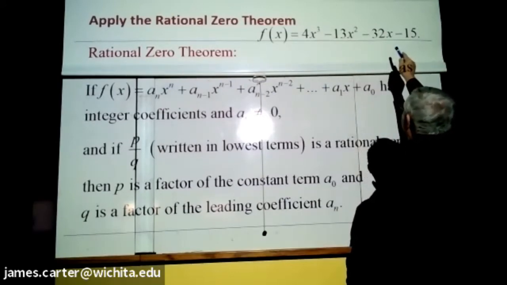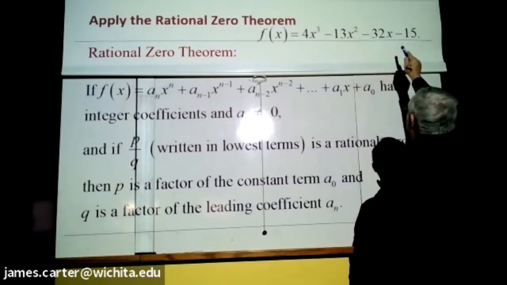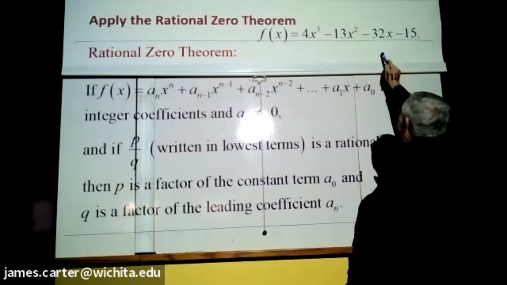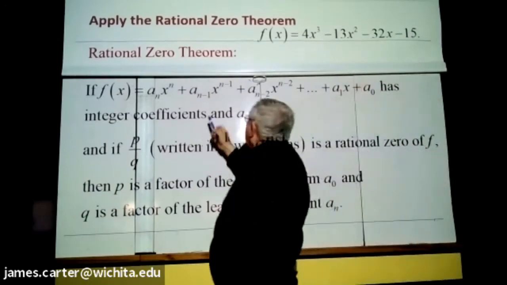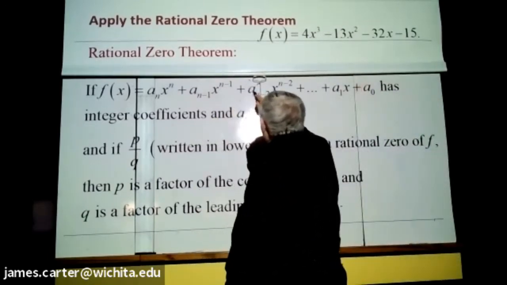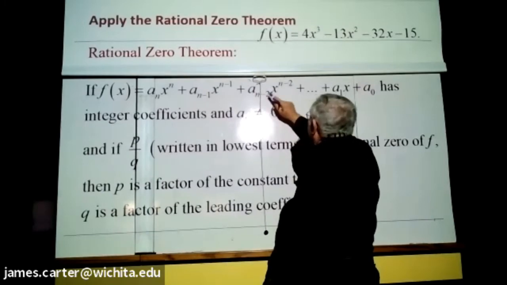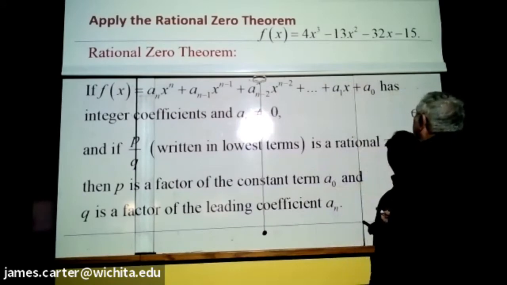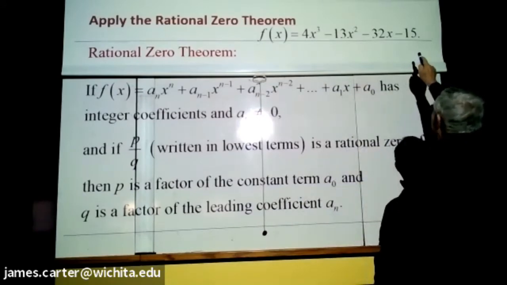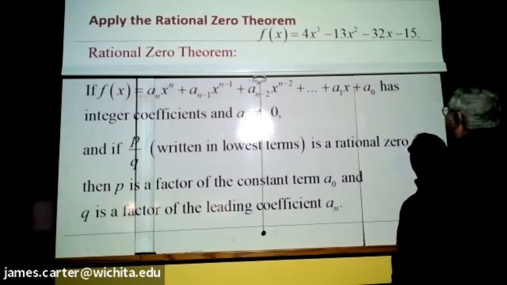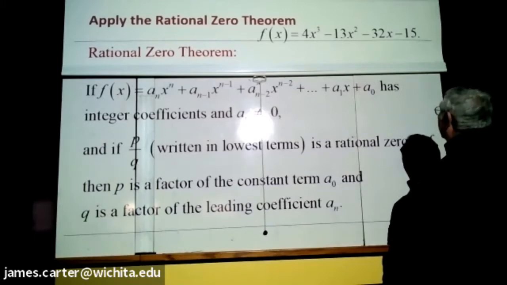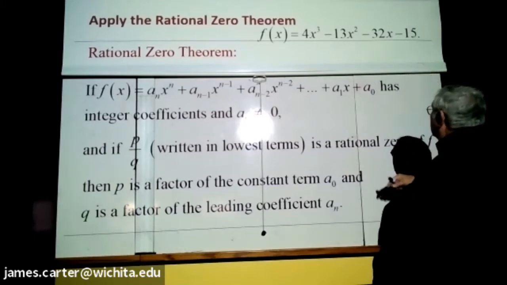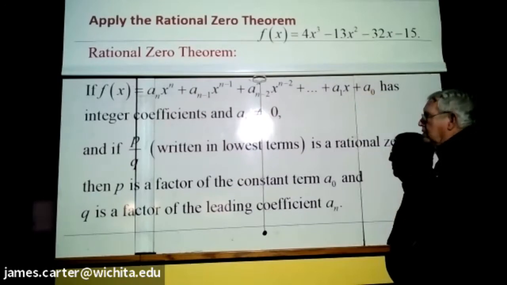Here we have n minus 2. 3 minus 2 is first power. So this 32 is the number that goes with that first power. And that's the way these read. Until finally you get down here where you have either a 0 or a number which becomes your y-intercept. The constant on the end is always your y-intercept.